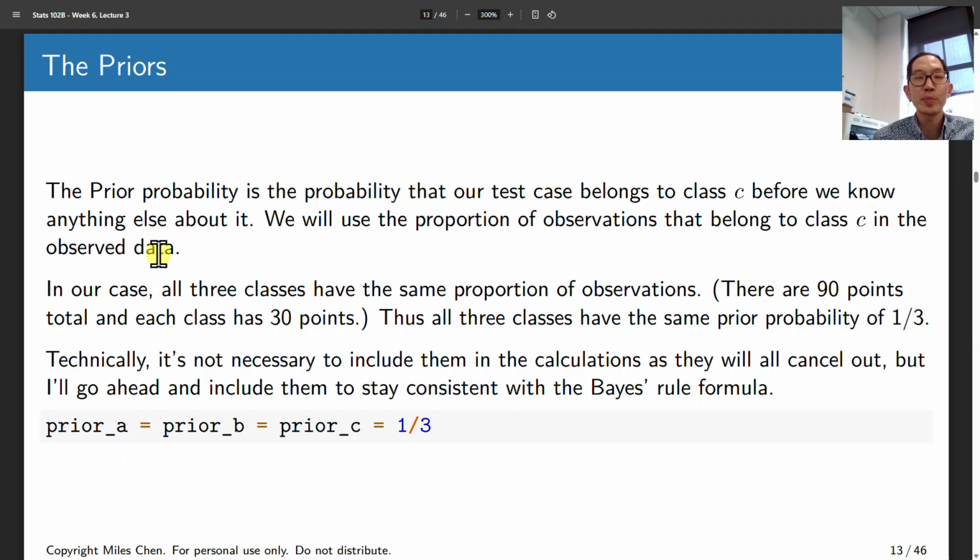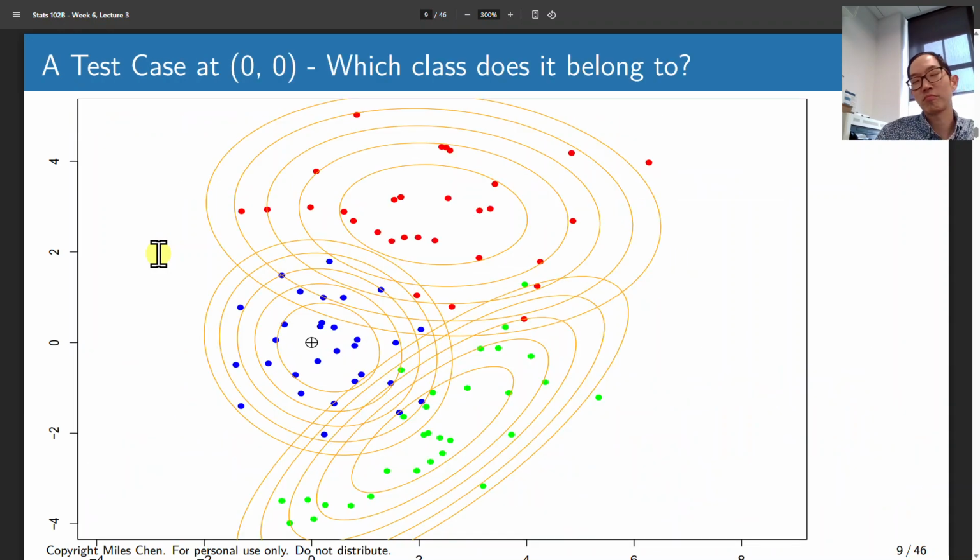And so we would use the proportion of observations that belong to Class C. Now, in our sample of data, I have 30 observations from red, 30 from blue, 30 from green. So right now, my prior probabilities are just going to be 1/3 for each of these things.